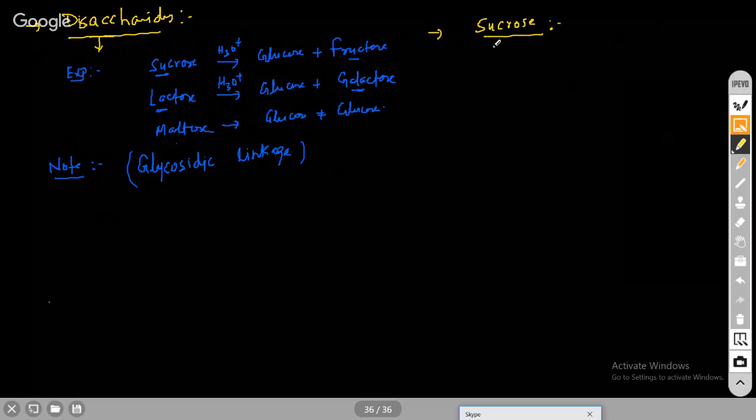It is formed by the condensation of alpha D glucopyranose and beta D fructofuranose.